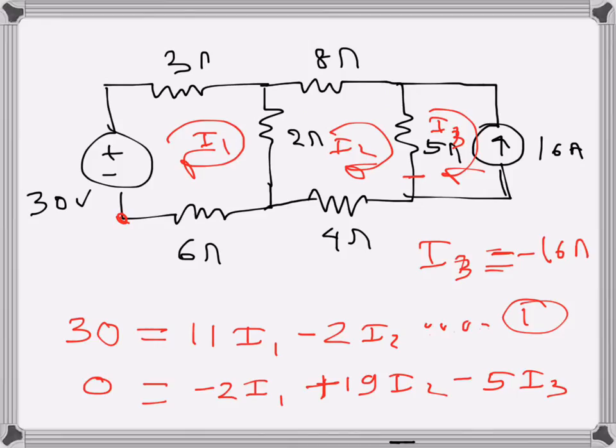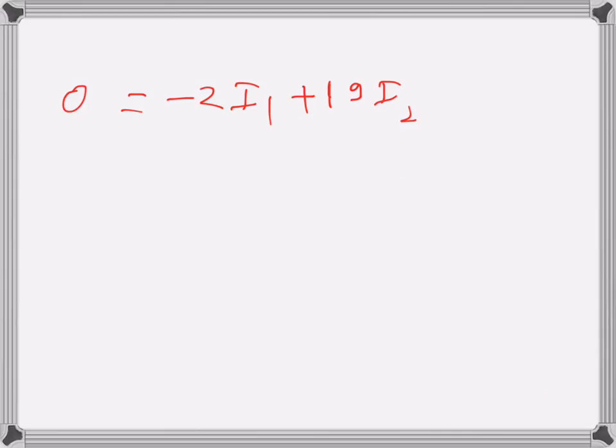So we can write 0 equals minus 2 I1 plus 19 I2 minus 5 times I3. I3 is minus 16, so minus 5 times minus 16 becomes plus 80.